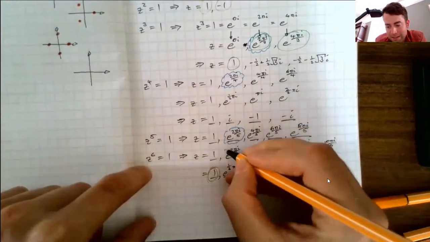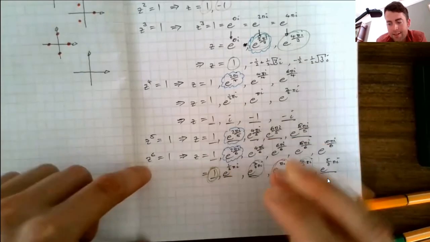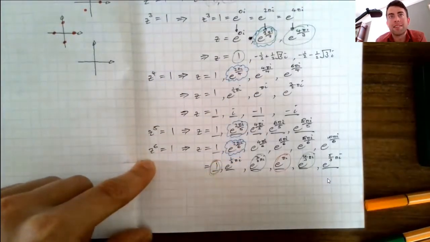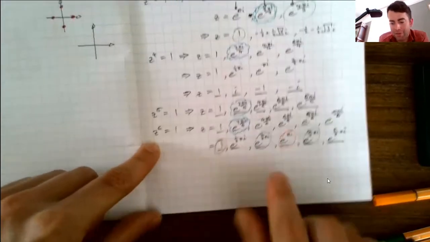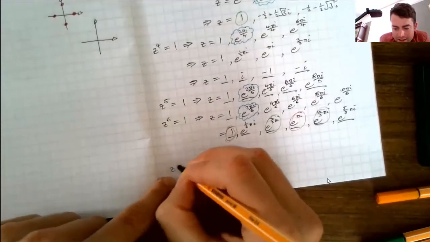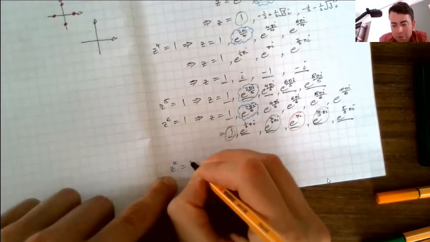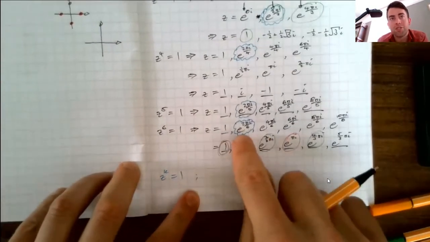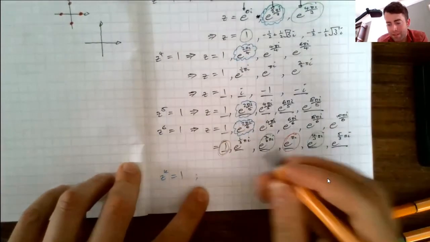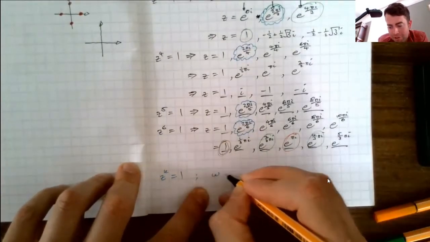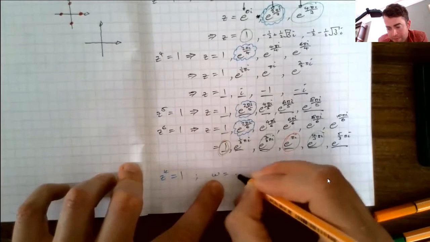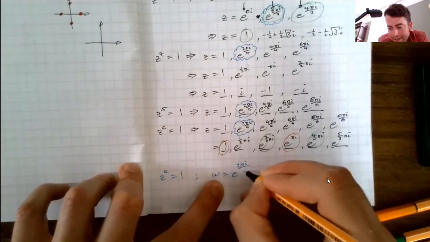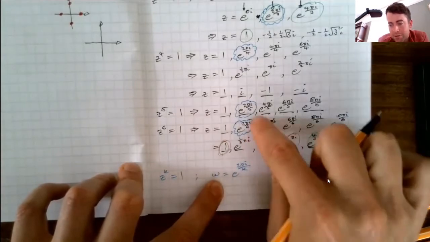And z to the 6, it would be that one. Notice the theme between all of those. If we have z to the k equals 1, then our first root that isn't the number 1 is, I'm going to call it w, e to the 2 pi i over k. That's what all of those were.